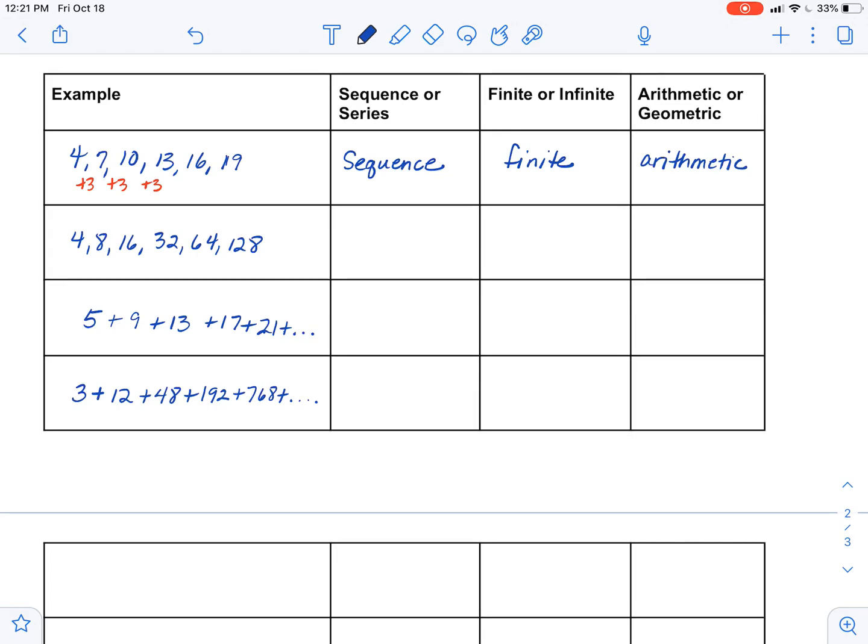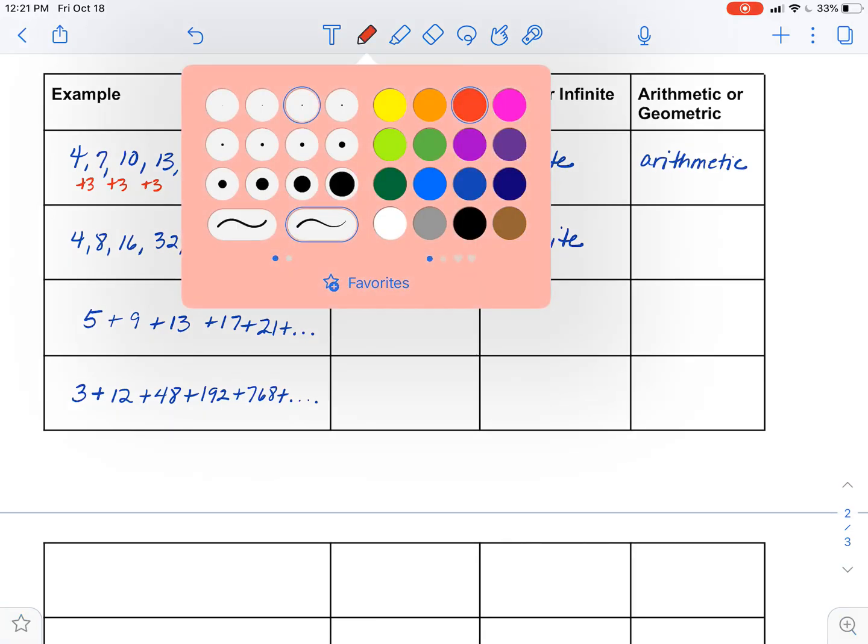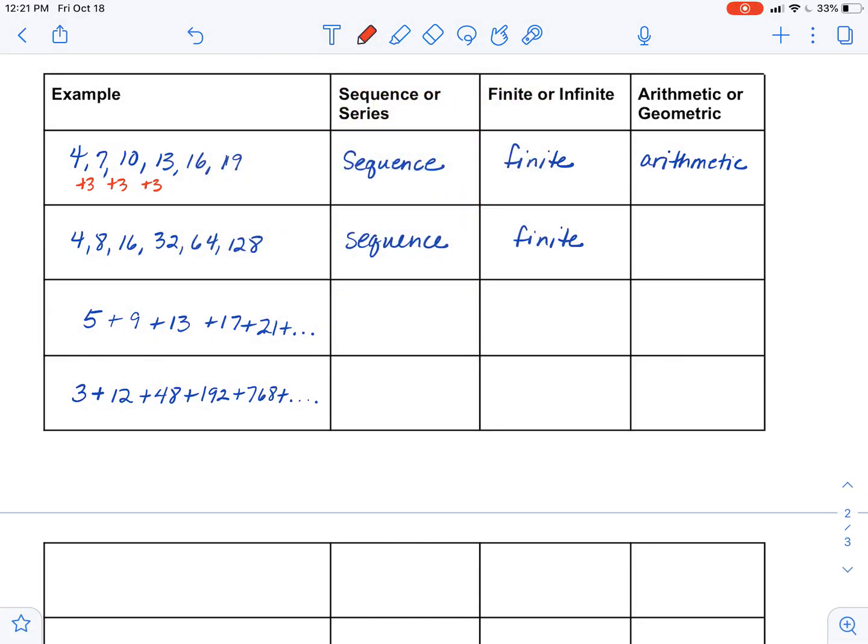Okay? The next one. Again, it does not have the addition symbols in there. It is a sequence. It does not have dot, dot, dots, so it is also finite. And then when you look at it, and you're looking to see what we need to do to get from one to the other, first off, you could say, well, I could add 4, or I could multiply by 2.